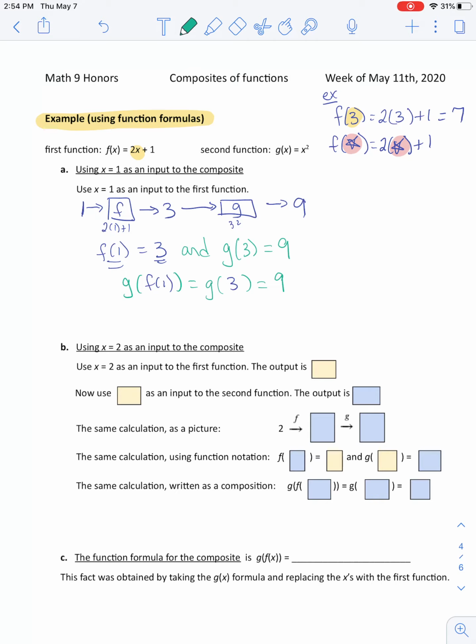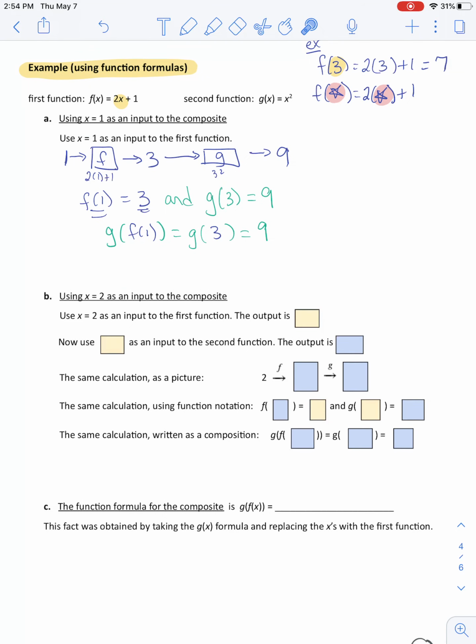So g of f of 1 equals 9. First I take the 1, put it into my f function. That becomes the output of 3. And then I put 3 into the g function, and that output became 9.